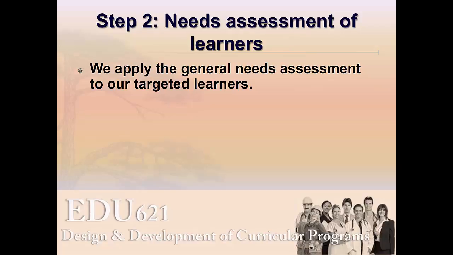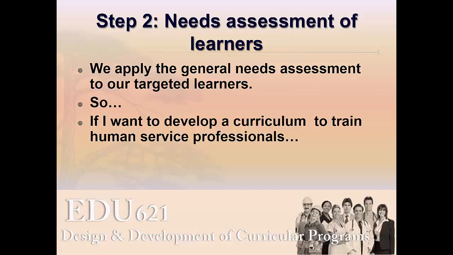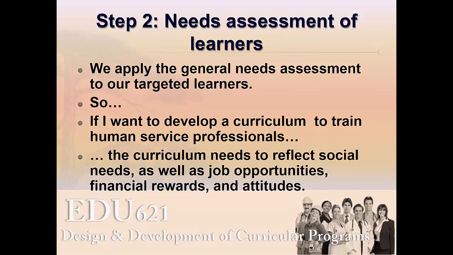So we look at the availability of such training and education, how important this is, what needs would this fill. So, if I wanted to develop a curriculum to train human service professionals, then that curriculum would want to reflect the social needs.